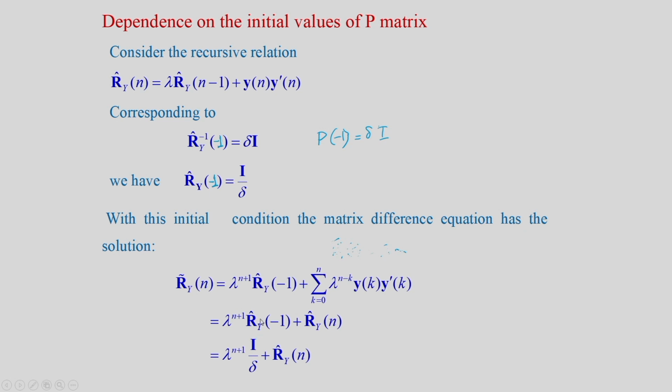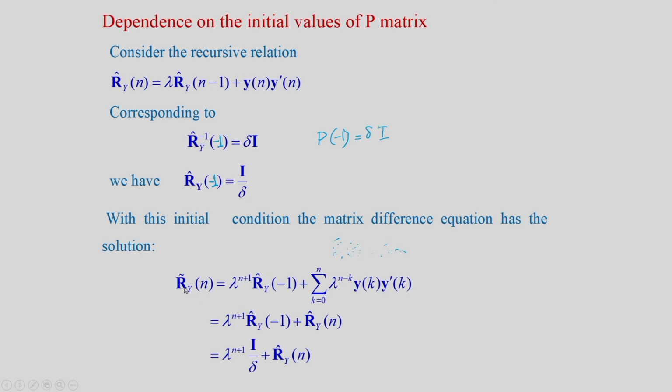So, this we can write like lambda to the power n plus 1 into Ry hat minus 1 plus, this is by definition Ry hat n. So, this will give us lambda to the power n plus 1 into I by delta plus Ry hat n. So, because of this initialization, we have an additional factor like this.